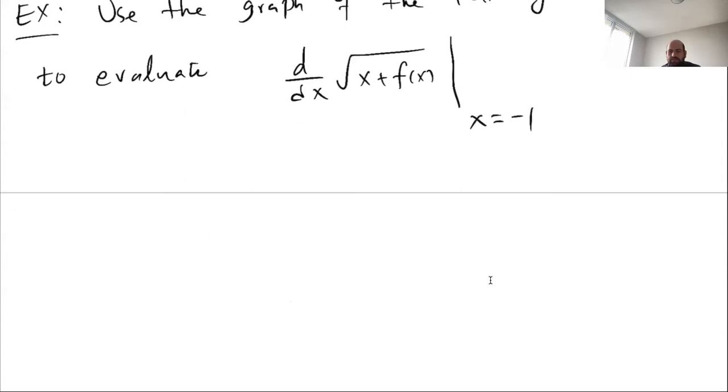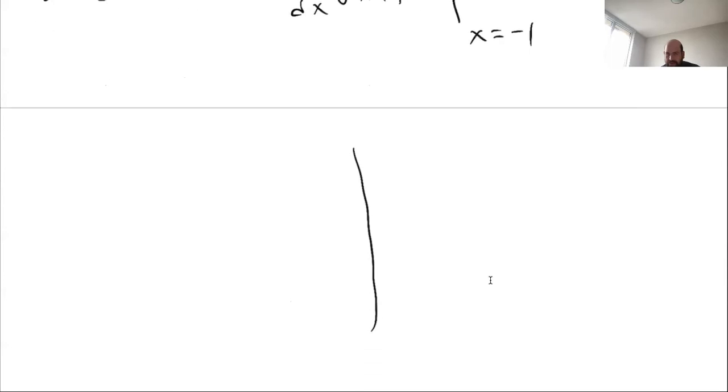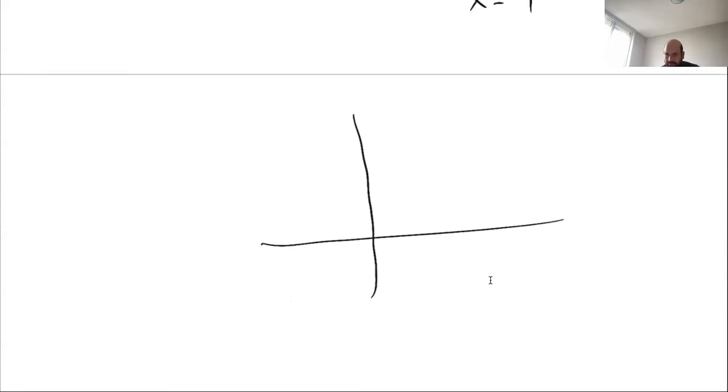So how does the graph look? There is a function here. Let's say this point is -3 and 0, and this point here is 4, and this point here is 1 and 0. And this is y equals f of x.